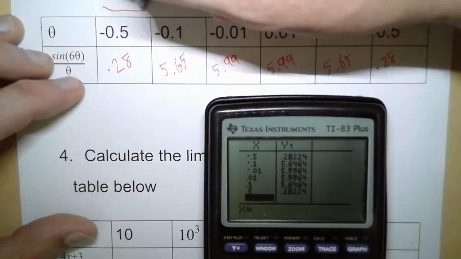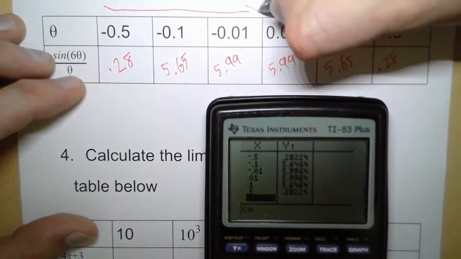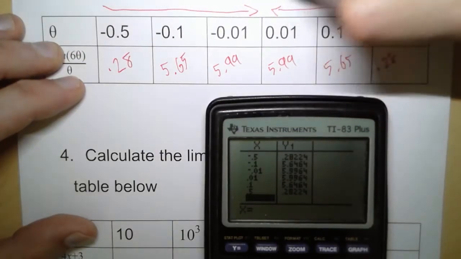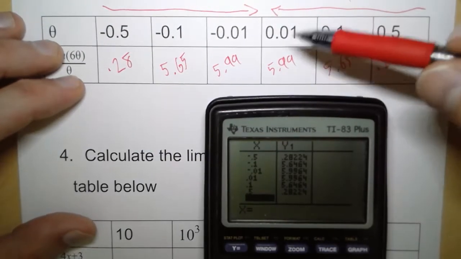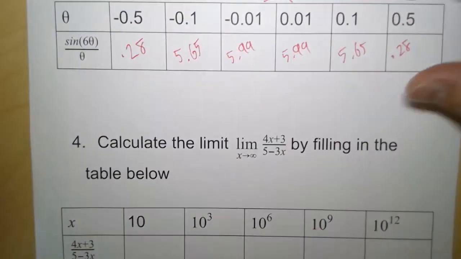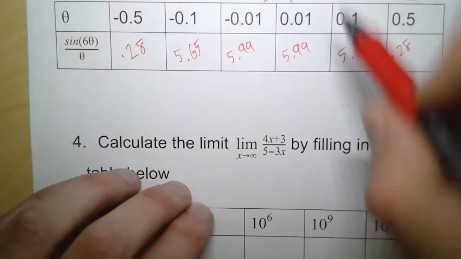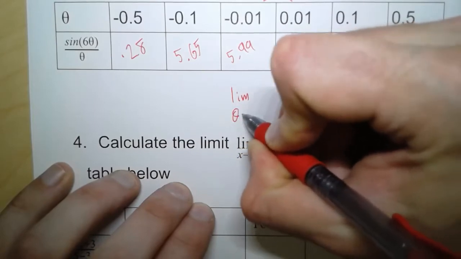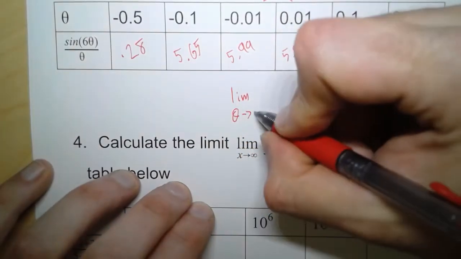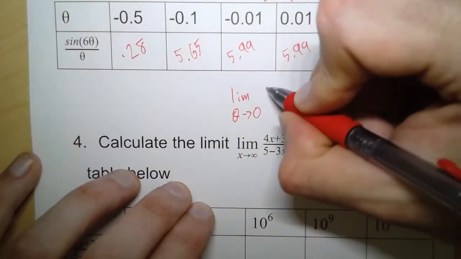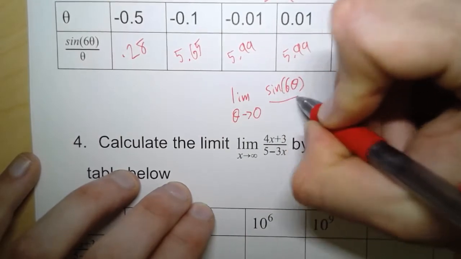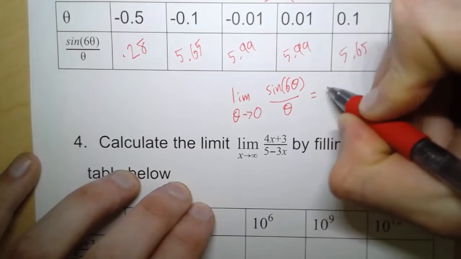So here we're approaching 0 from the negative side, and we're approaching 0 from the positive side. And in both cases, the limit appears to be 6 as we get closer and closer. So the limit as theta, because that's our original variable, approaches 0, of sine of 6 theta over theta equals 6.